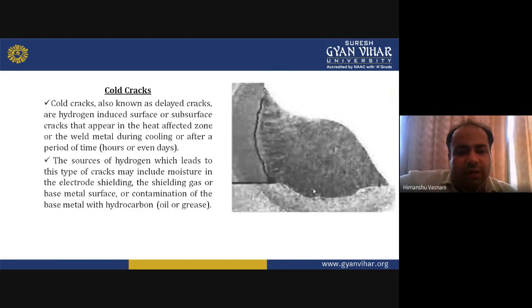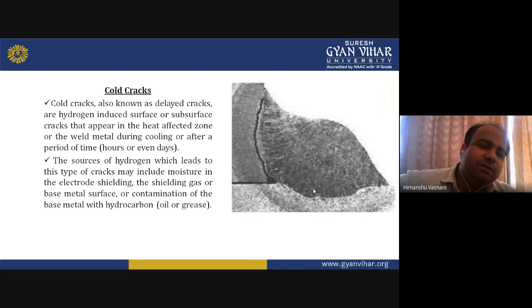The first is cold crack. The name says cold crack. They are also known as delayed cracks, or hydrogen induced surface or subsurface cracks, that appear in the heat affected zone or the weld metal during cooling or after a period of time. As the name says, something happens after a certain time, so it can be called delayed cracks.